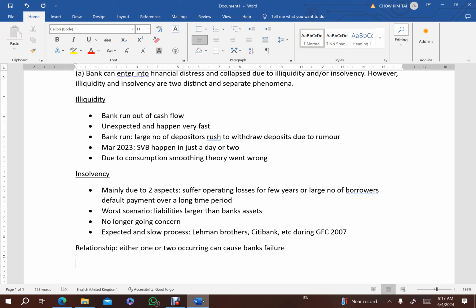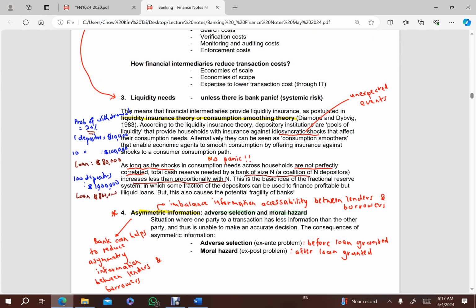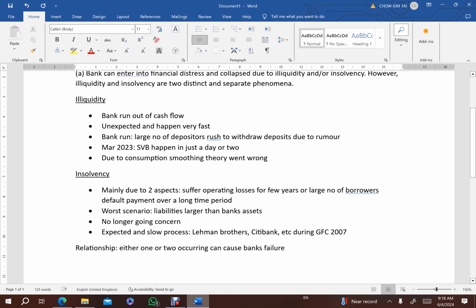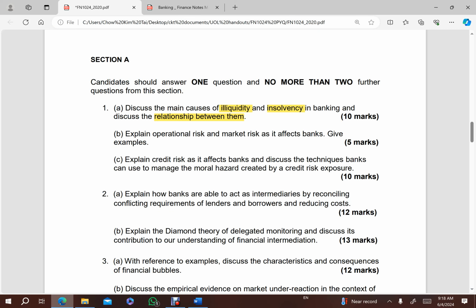All right, next question. Explain operational risk and market risk as it affects banks. Give examples. Okay, now operational risk and market risk come under different types of risk.